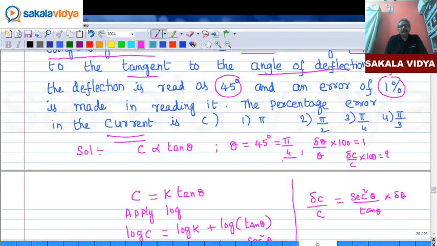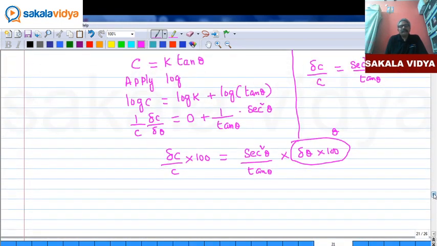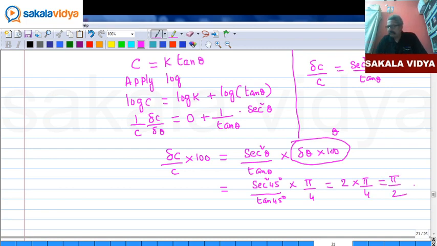Theta is equal to pi by 4, given. Substitute. So this equals secant square 45 by tan 45, but theta written in radians is pi by 4. Sec 45 is root 2, so square is 2, tan 45 is 1, into pi by 4. So pi by 2 %, this is the answer. The question is very lengthy, but the concept is very simple. Easily we can solve the problem.